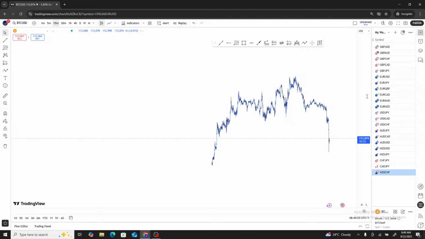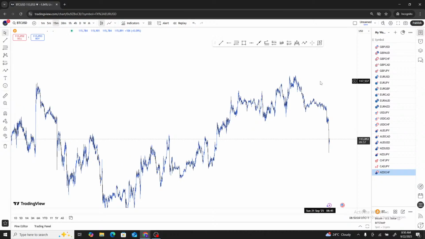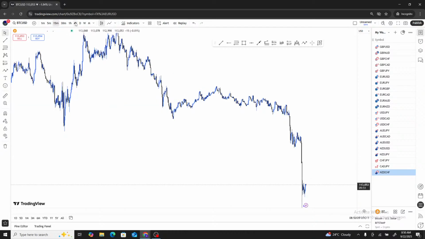BTC USD. I'm just waiting for the chart to pop up properly so that we can do our analysis. So the market has been on a downtrend. Maybe I will just use the H4 chart.